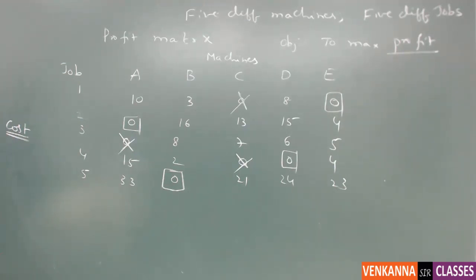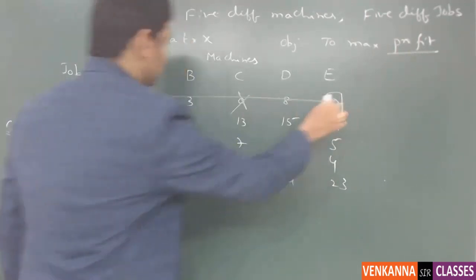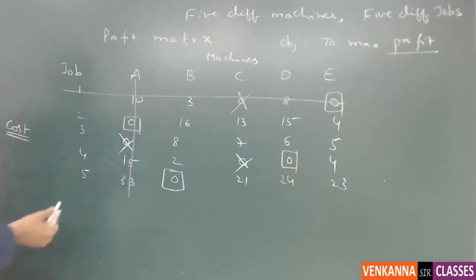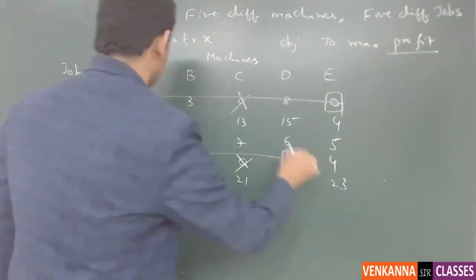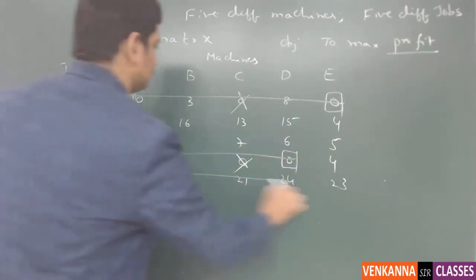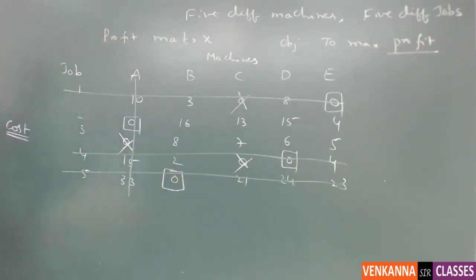A145, A145, right? I was talking about column A, row 1, row 4, row 5. Is that right? So this is A, I will go for first, I will go for row 4, I will go for row 5, so that all zeros are covered.